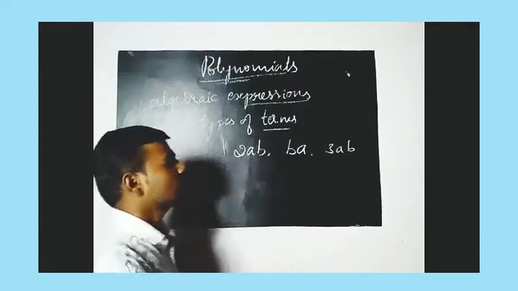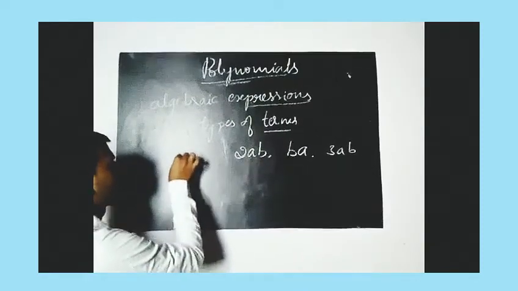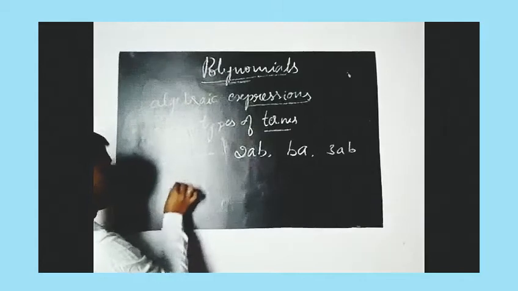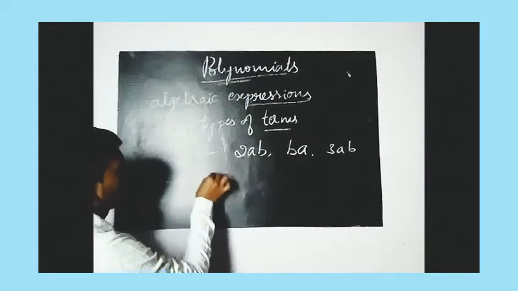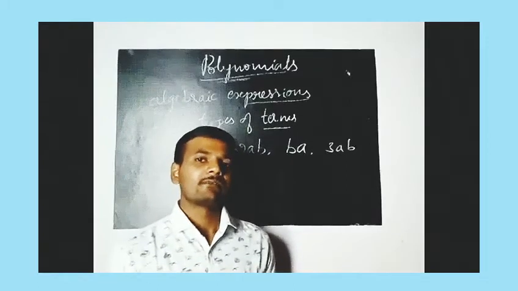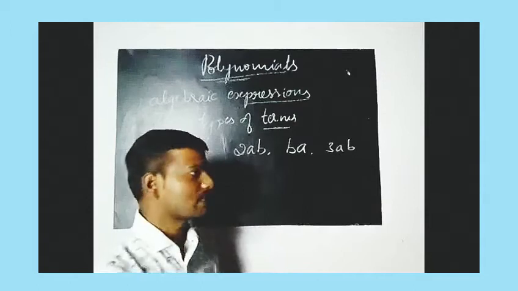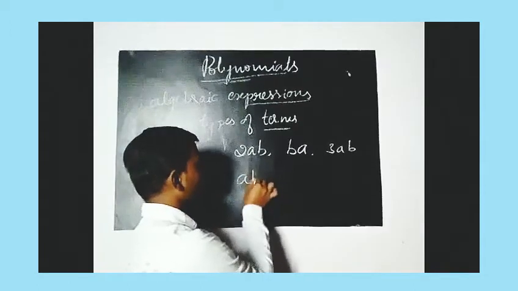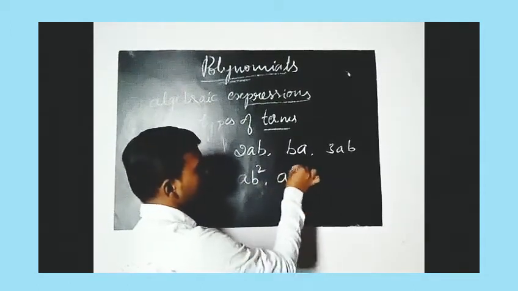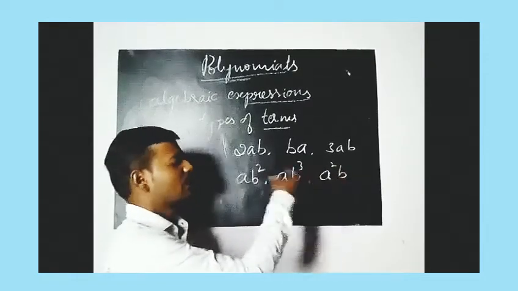Next, unlike terms: the terms which have the same variable with different exponents.